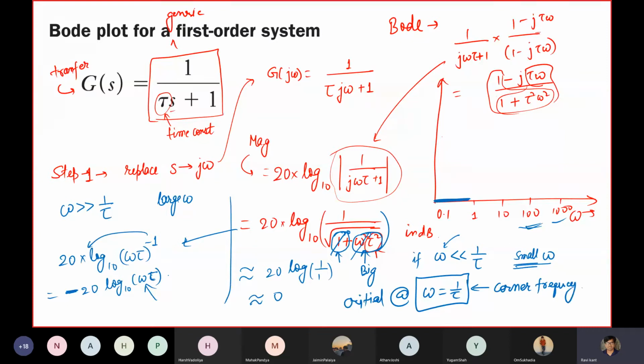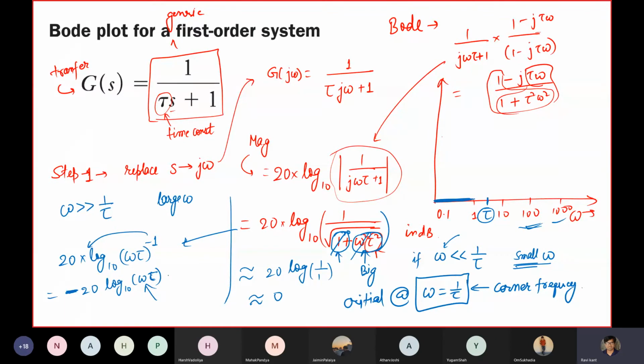Okay, so let's suppose somewhere here is my tau, the value of tau is here, some tau, maybe 1, maybe 100. After this, how will my plot look?